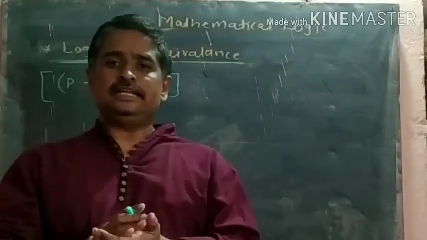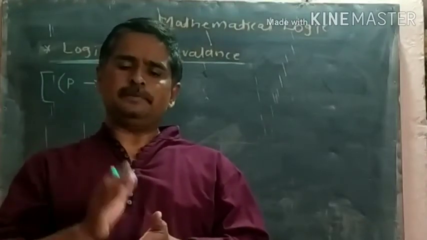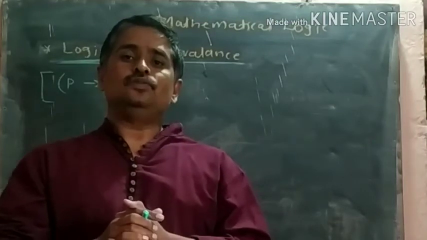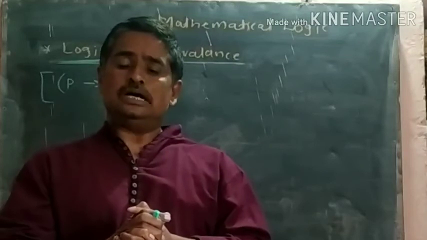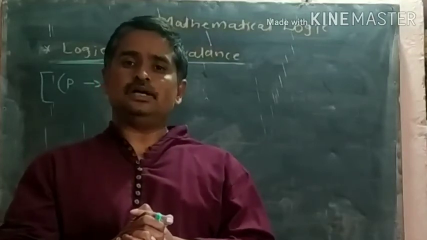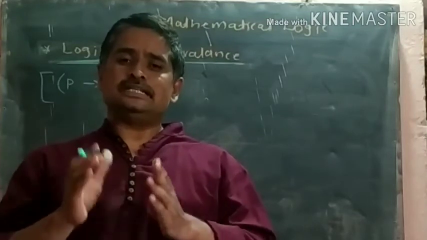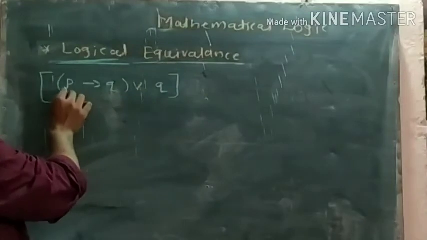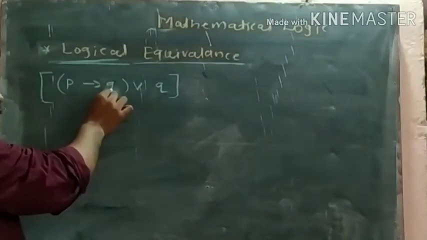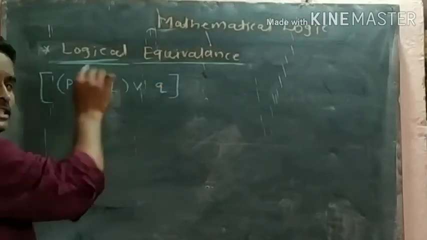Remember, it is very essential to construct a truth table of any logical statement. Now I want to teach you again how to construct a truth table of any logical statement. For this purpose we have to consider one logical statement. Consider the logical statement p implies q, disjunction with q.